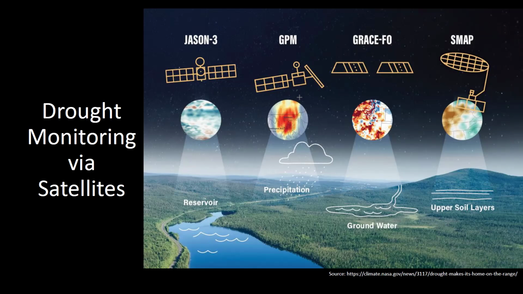We have GPM, which is generally used for precipitation, GRACE-FO, which is groundwater, and then the SMAP, which is used for upper soil layers. And the differences have everything to do with the reflection using the remote sensing. So if you're interested in anything, there's sources at the bottom of these. I'll make sure these are posted.